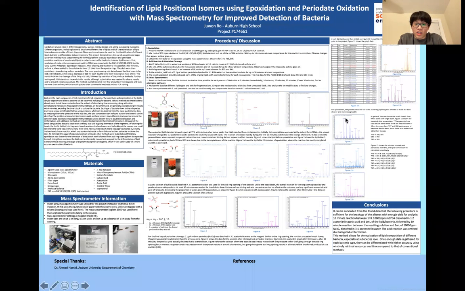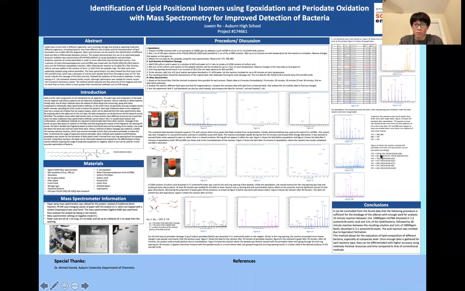And it seems that 747 has also reacted, which, according to the chart, has 1 isomer that can have 1 double bond. So it added a mass of 16, and there were no further additions of 16, which meant that the reaction went well. Next, I did the periodate reaction.